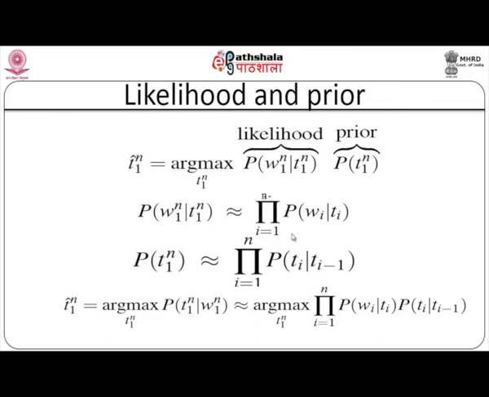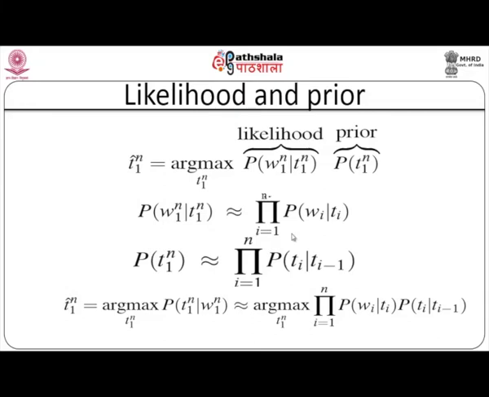And now comes our assumption that the probability of the word sequence given the tag sequence can be approximated to, given the tag, what is the word. And the probability of the tag sequence, the prior, can be approximated like this, for each and every word and tag.